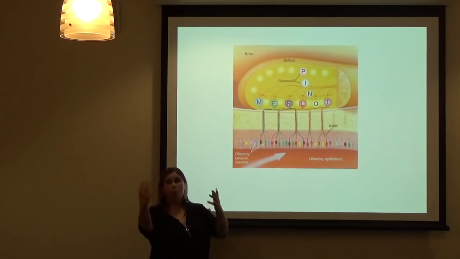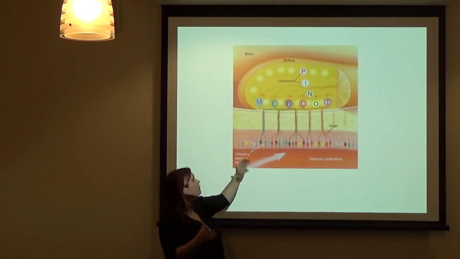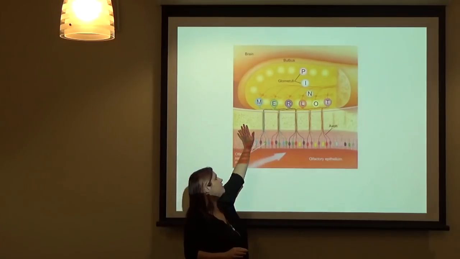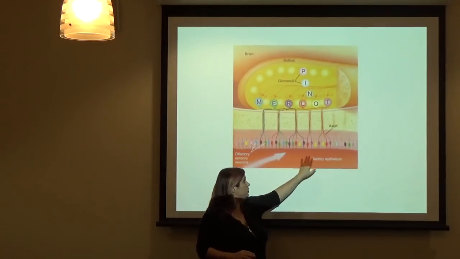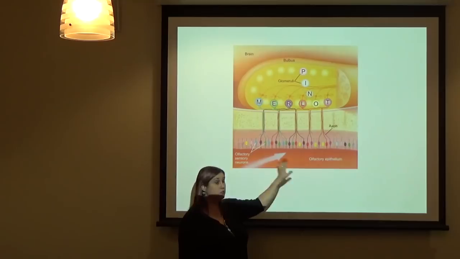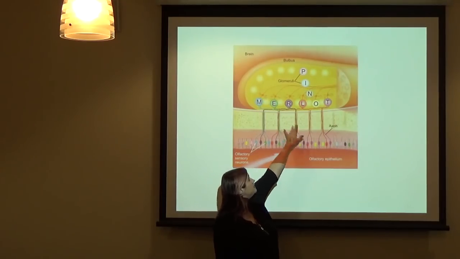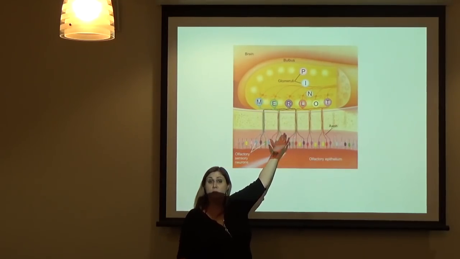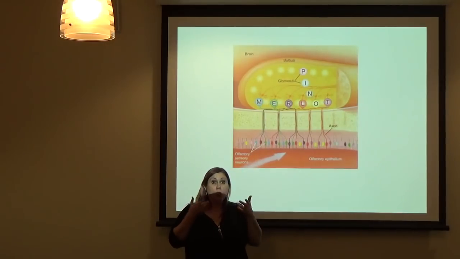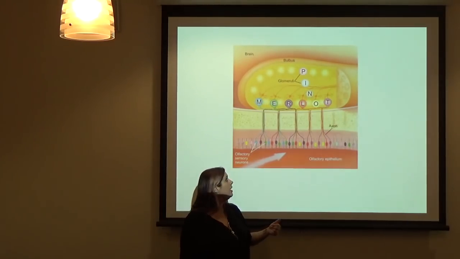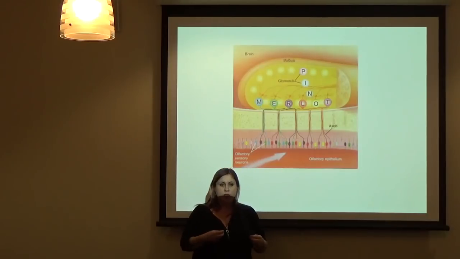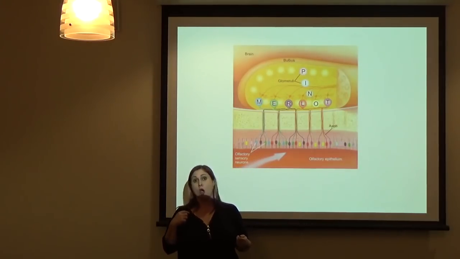So let's say you're wine tasting and you have a Merlot. It activates certain olfactory receptor cells, certain ORCs, and they send their information to the appropriate glomeruli, and that's how you know, oh, this is a Merlot, okay? But let's say that next you want to taste a Pinot Noir.